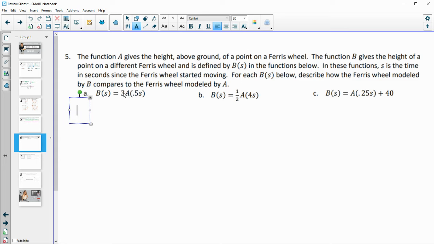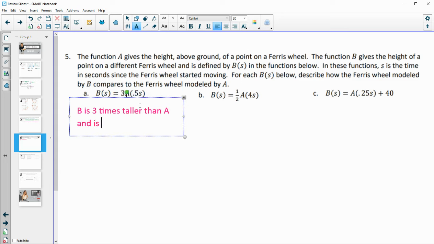This 3 on the outside means that B is 3 times higher, or taller, than A. And then that 0.5 on the inside talks about its speed.